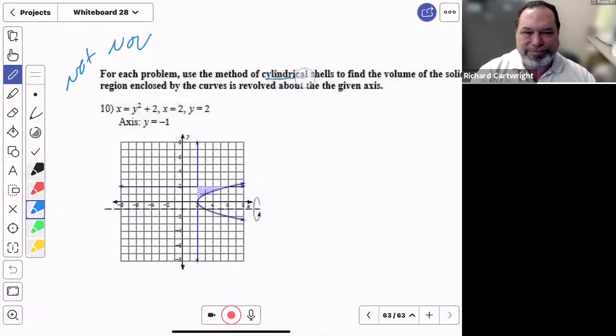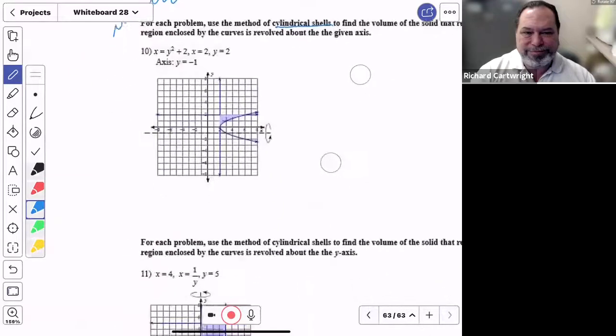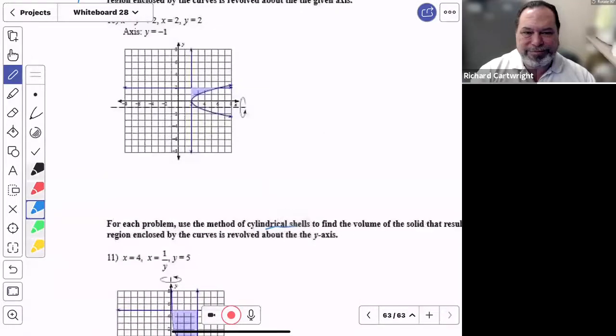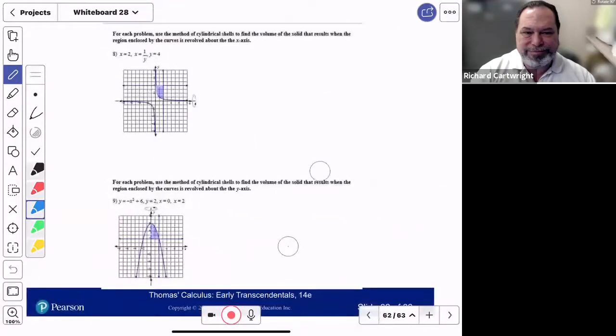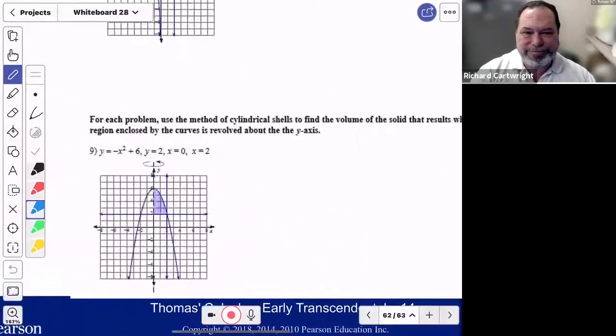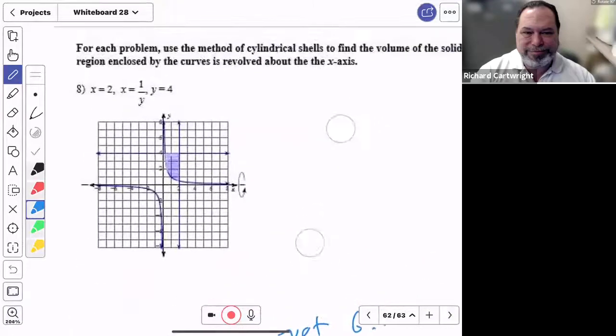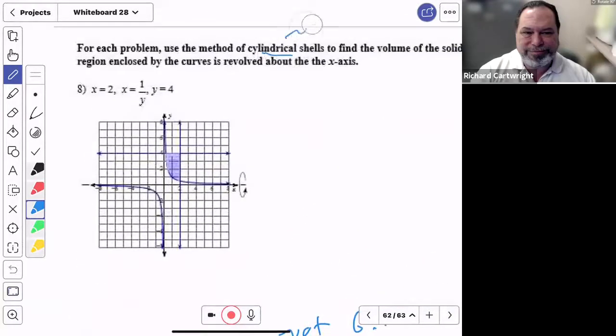Cylindrical shells are not in lesson 1, so you can't do those two for sure. And you can't do number 9 because it also is cylindrical shells. Cylindrical shells is not on the AP exam.